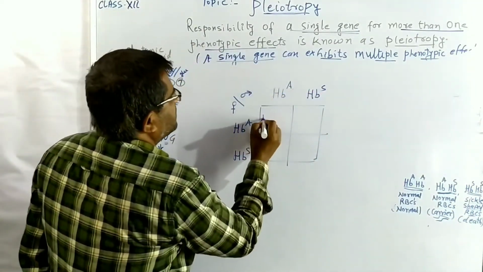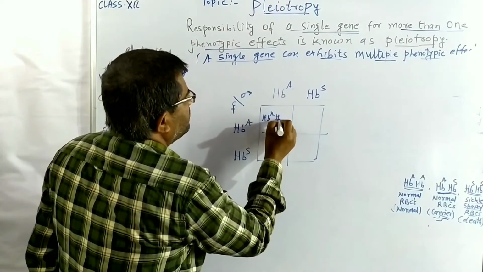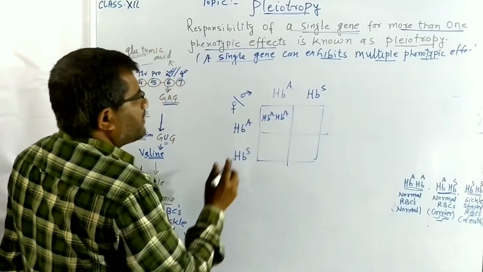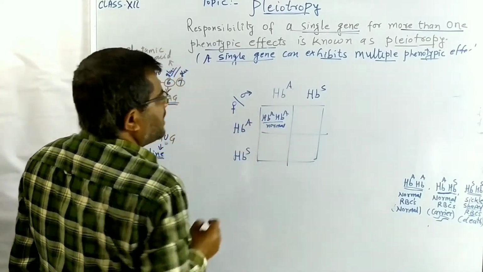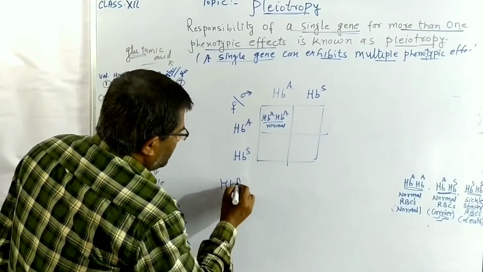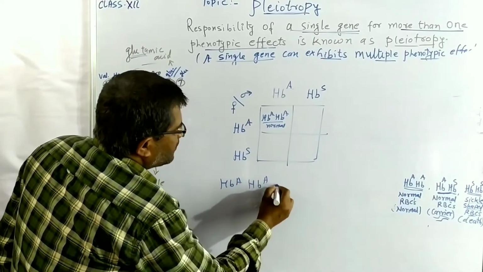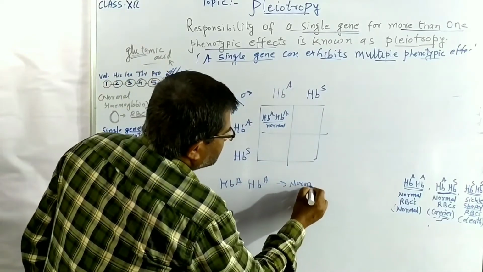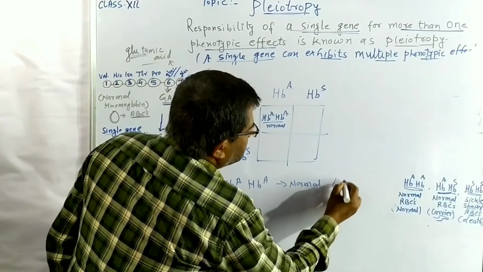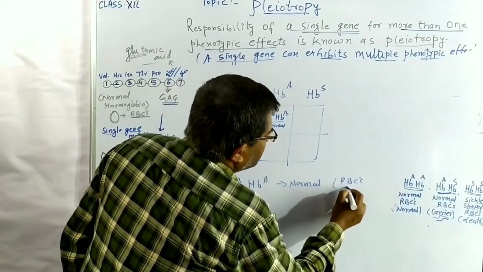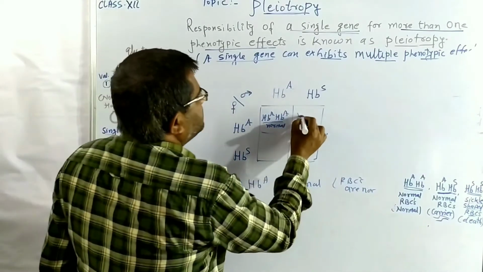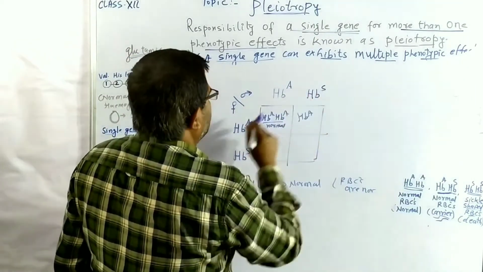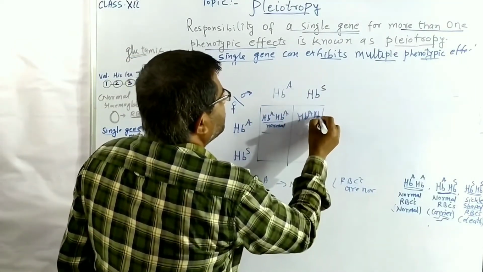When I am crossing here, HbA HbA is a normal person and RBCs are normal. So HbA HbA is the normal person because RBCs are normal. Second, HbA is crossed with HbS.